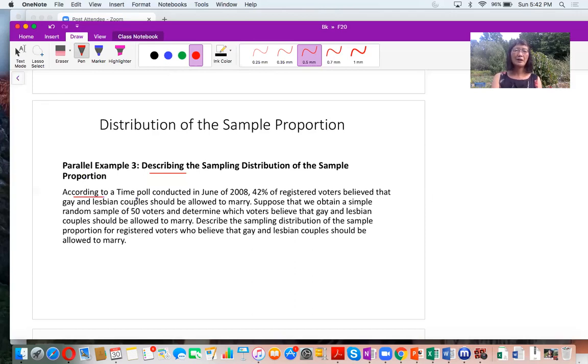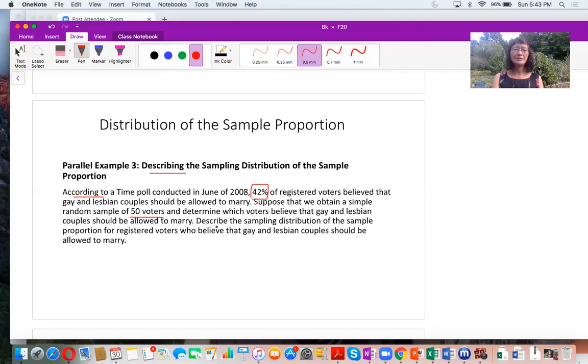According to a Tom Powell poll conducted in June 2008, 42% of registered voters believed that gay and lesbian couples should be allowed to marry. Suppose that we obtain a simple random sample of 50 voters and determine which voters believe that gay and lesbian couples should be allowed to marry.